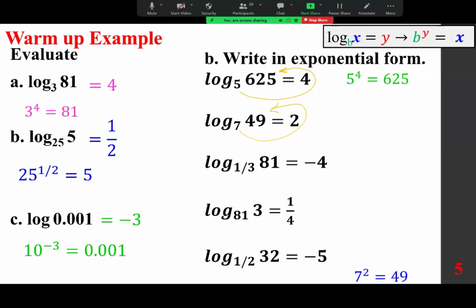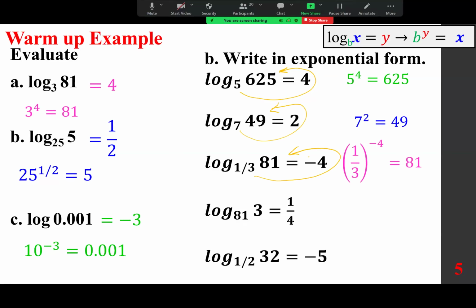Seven squared, 49. 1/3 to the power of -4, 81. 81 to the power of 1/4 is 3. 1/2 to the power of -5 is 32.